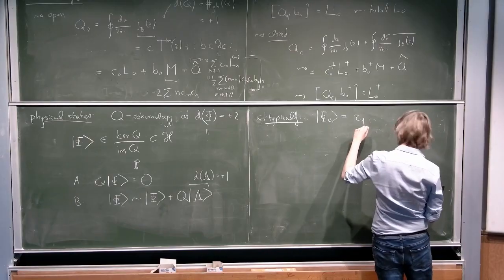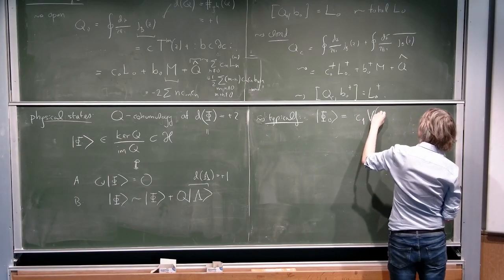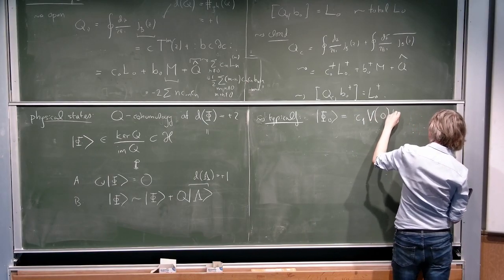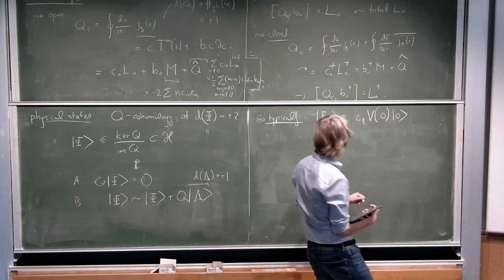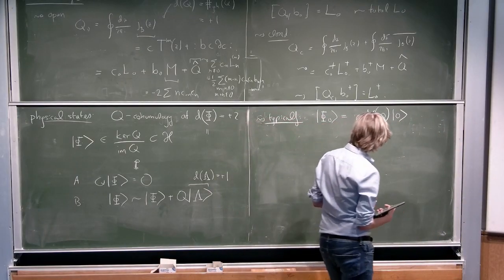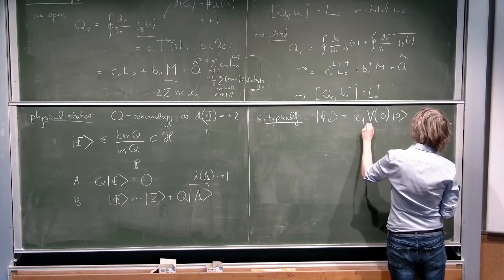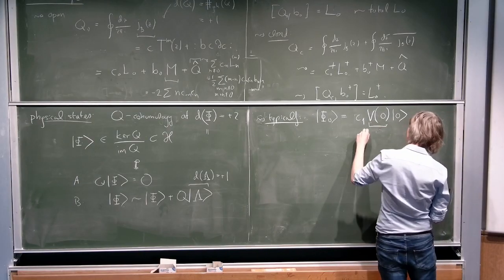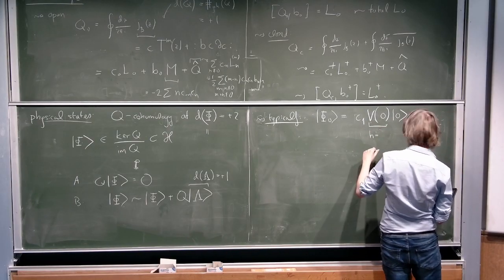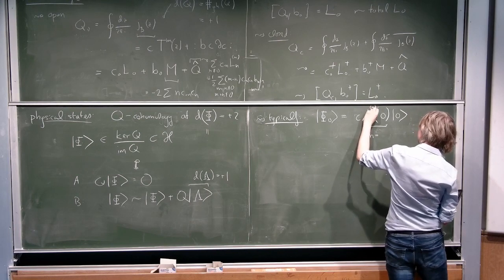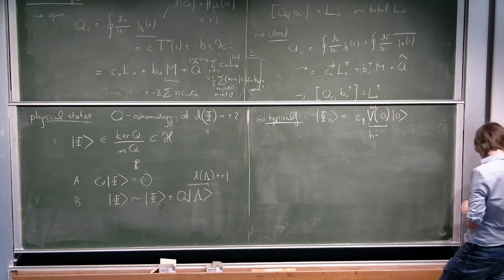So it's c_1 V_0 acting on the vacuum, where c_1 is the +1 mode of the c ghost, and V_0 is a field in the matter. Okay, to emphasize that it's in the matter sector, let me put this M in the brackets.